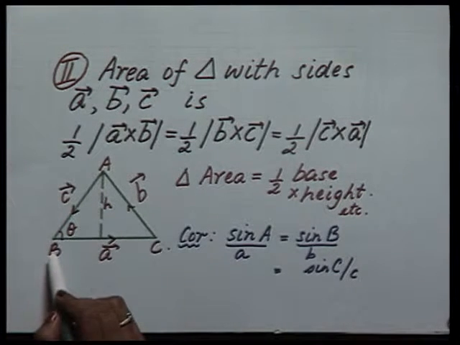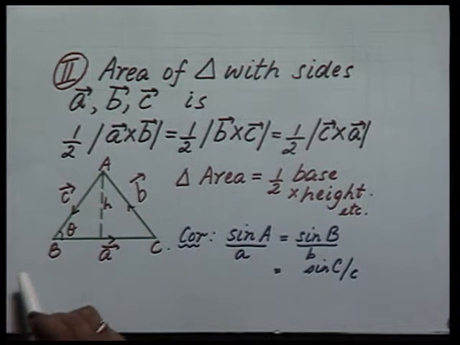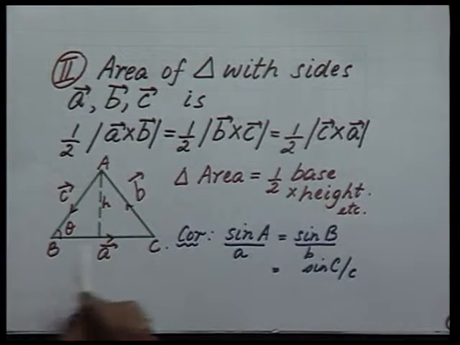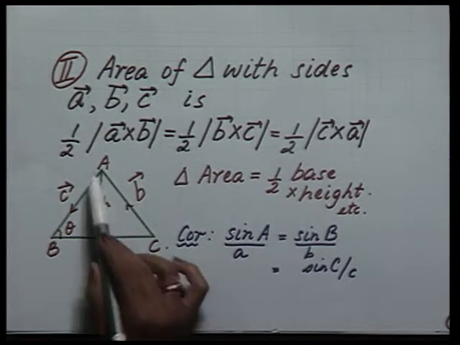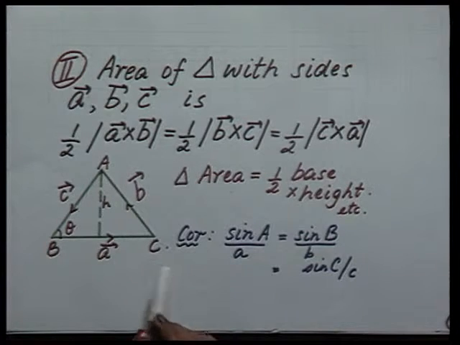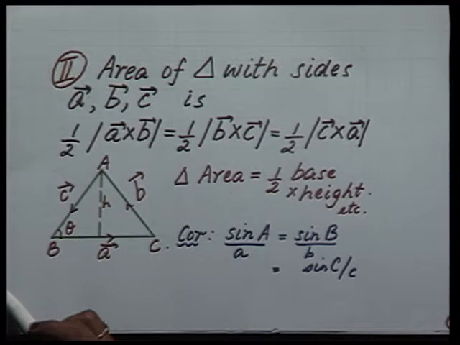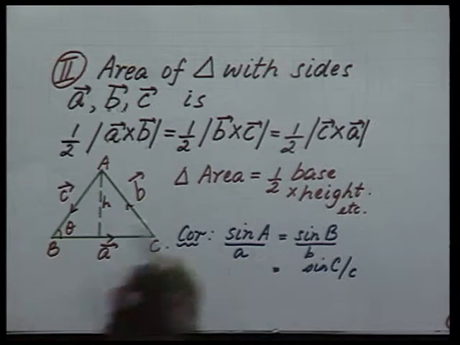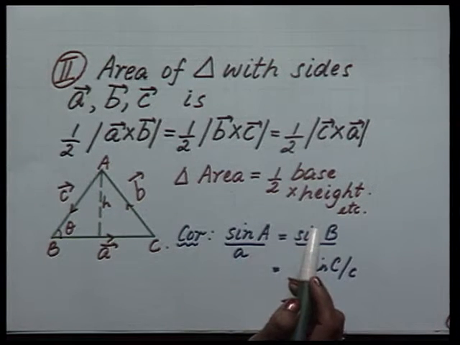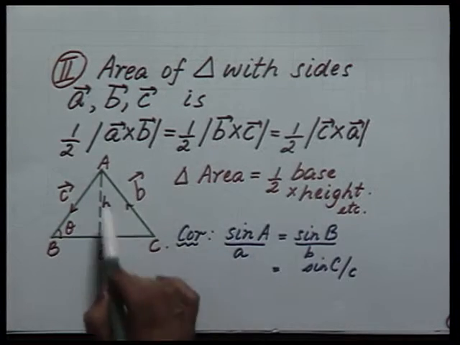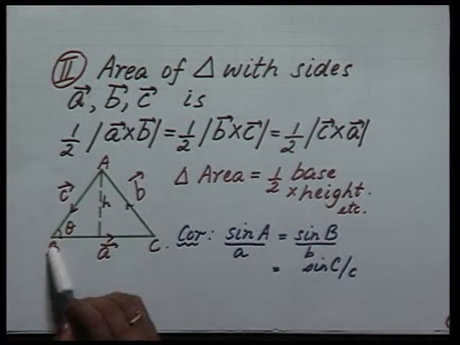Often theta is known as the angle B, right? I am referring to it as theta. Now, we know that the area of the triangle is given by half base into height, and after that it is as simple as the earlier one to prove that this is half C cross A.